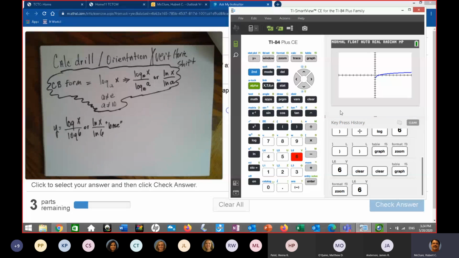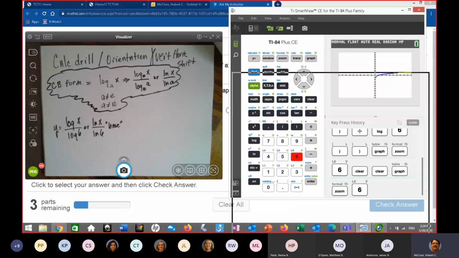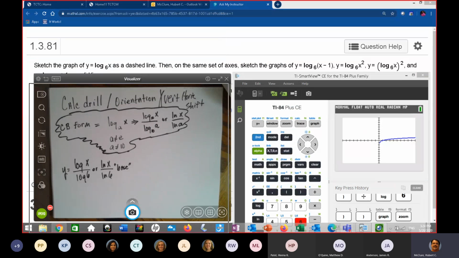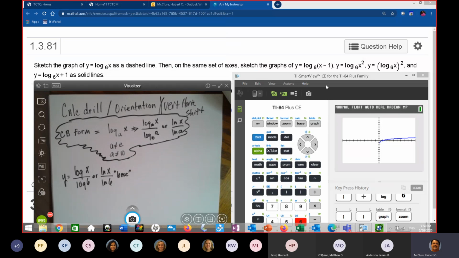And then we're going to put the others in. So I'm going to move this down. I'm going to move this down. And after you put all these in the calculator, you should be able to tell whatever they ask. Okay? So this one is going to be the log of x minus 1 over the log of 6, because of the minus 1.